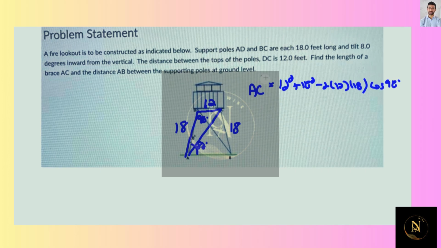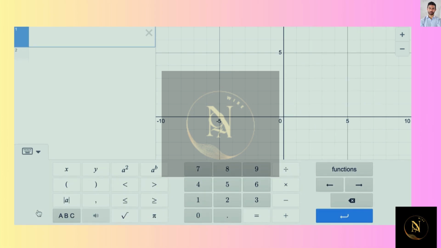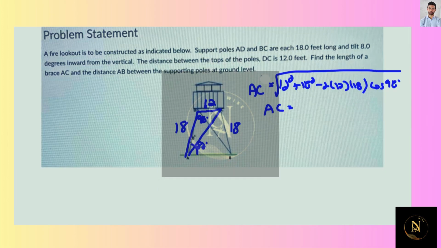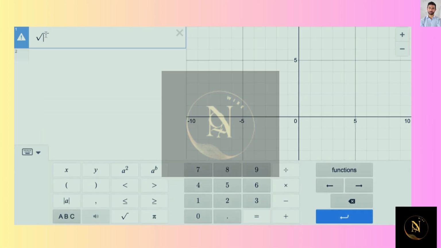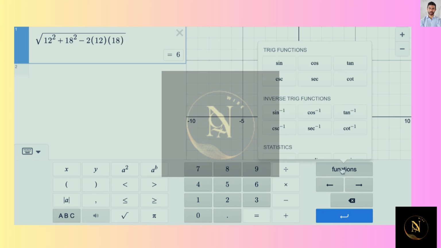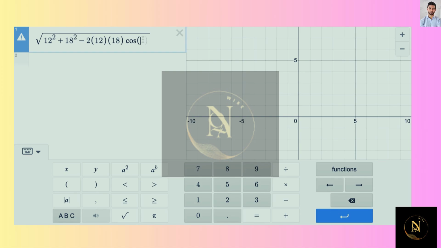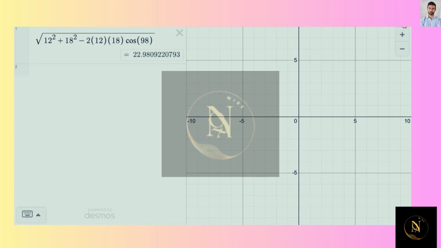And so AC would be the square root of all of that. In degree mode, the square root of 12 squared plus 18 squared minus 2 times 12 times 18 times the cosine of 98 degrees is, let's call it 23.